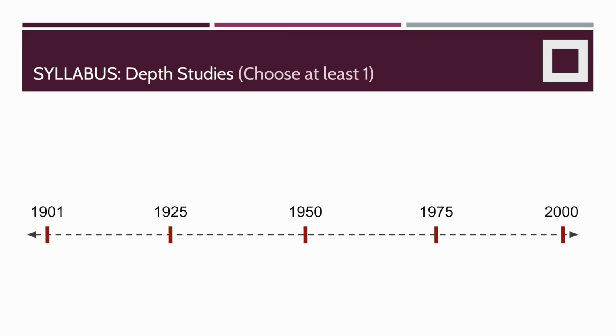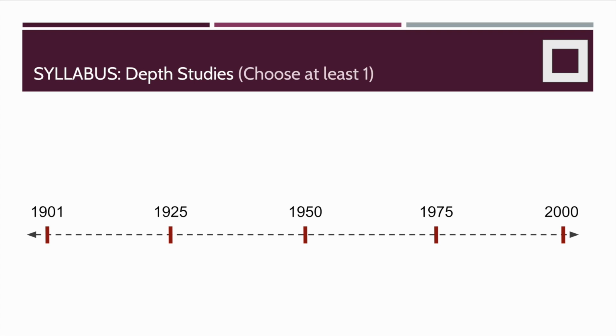Once again, we're looking at the same time period, 1901 to 2000. The depth studies are a little different than the core studies in that they cover one particular topic, but very deeply, essentially looking at a subject and really drilling into that information.